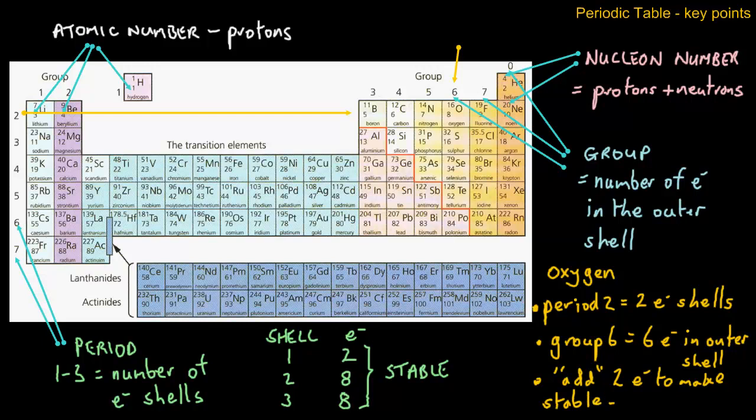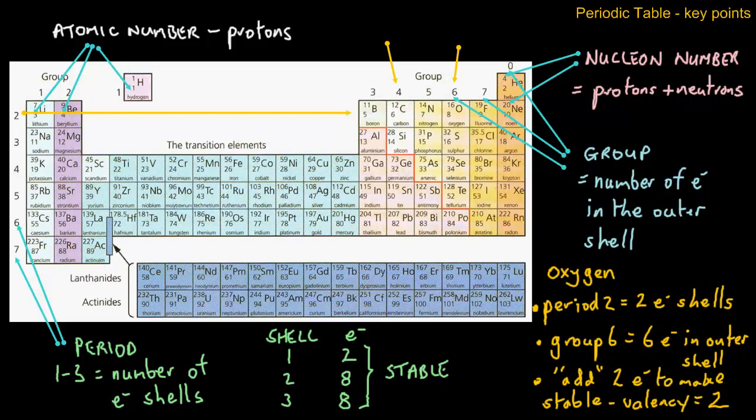So we can say that the valency, which is how many electrons you need to add or take away to make something stable, the valency is 2. And another example, if we take carbon, we can see that it's got 4 electrons in the outer shell. So to become stable it would need to have 4. So the valency is 4.